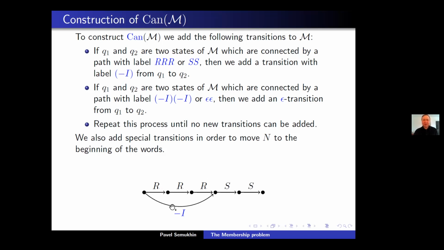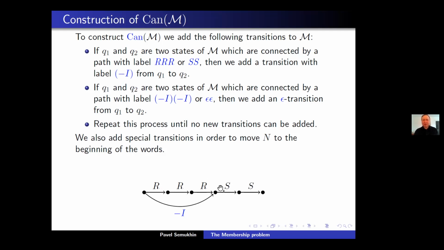If we add such a transition, we change the language described by this automaton, but we don't change the set of matrices which is described by this automaton.